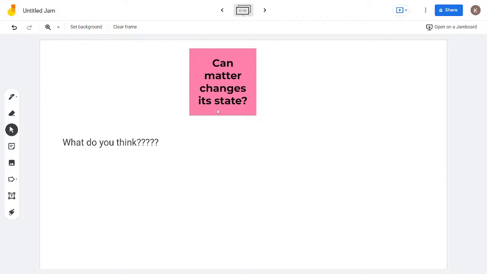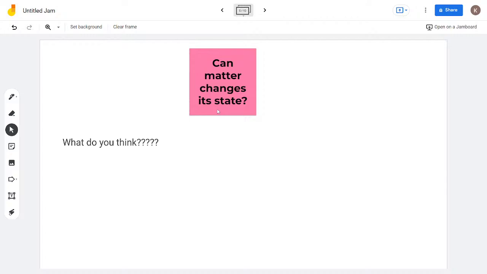And in gas, we can say water as water vapor. So what happens inside the matter during this change of state? And what happens to the particles of matter during the change of states? How can this change take place and how does this all happen? What actually happens?